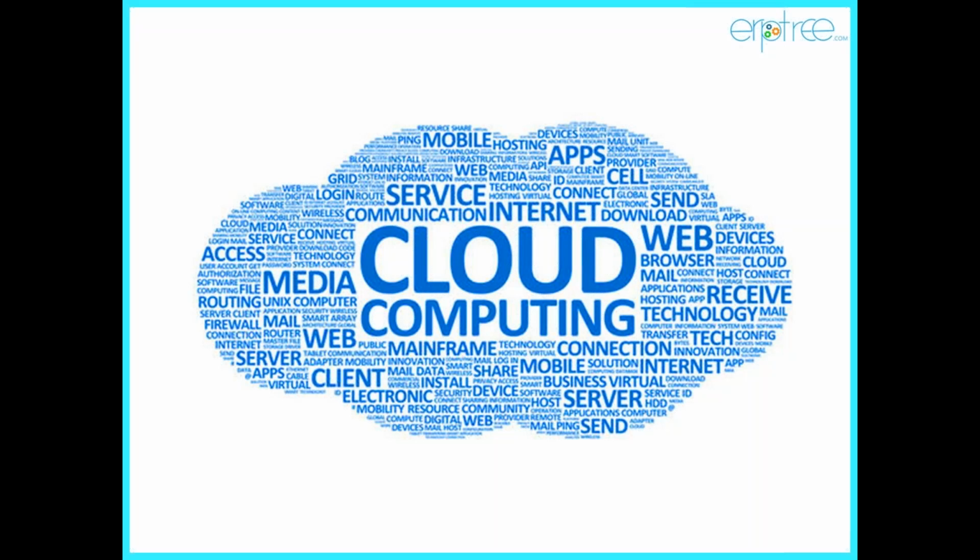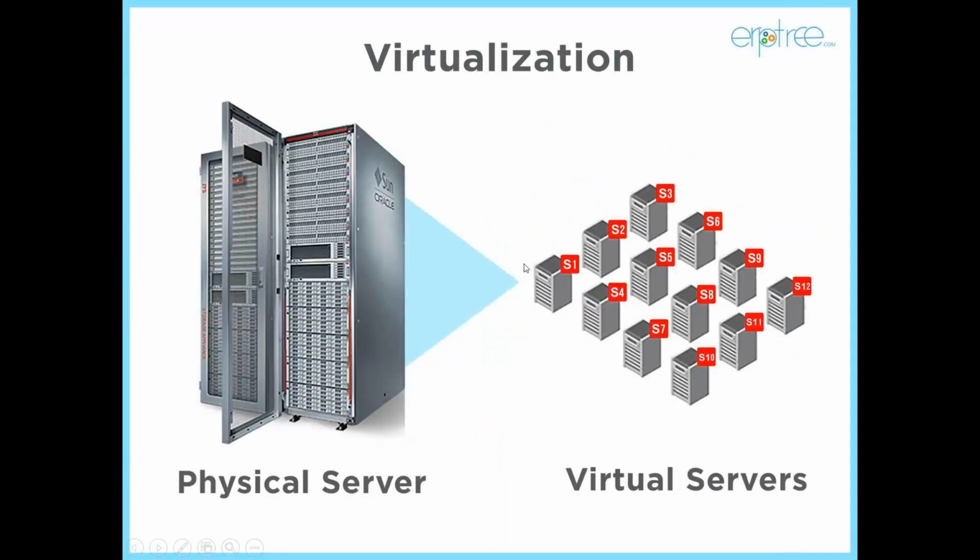In cloud computing, what happens? In the case of on-premise, we are using physical servers. We are deploying the servers, and everything will be managed by our team only. So in the case of cloud computing, what will happen? If you talk about cloud computing companies, take the example of Oracle.